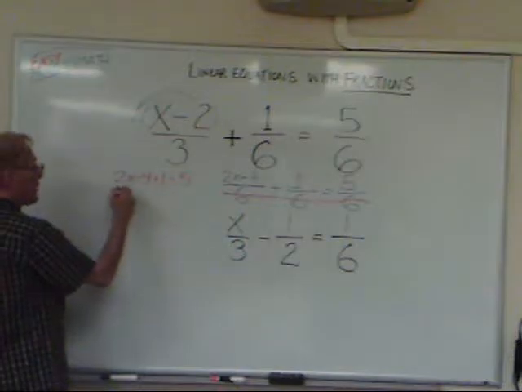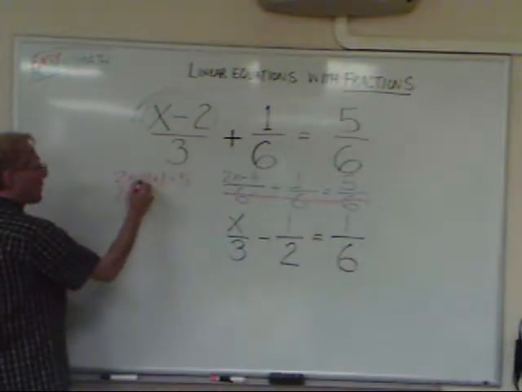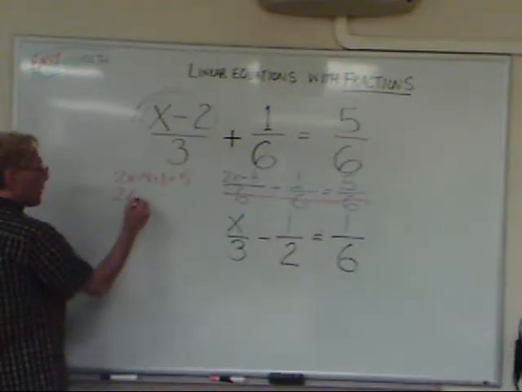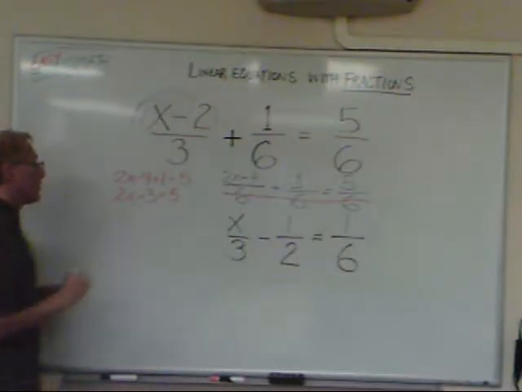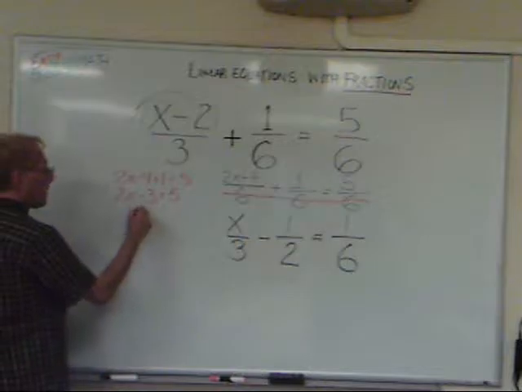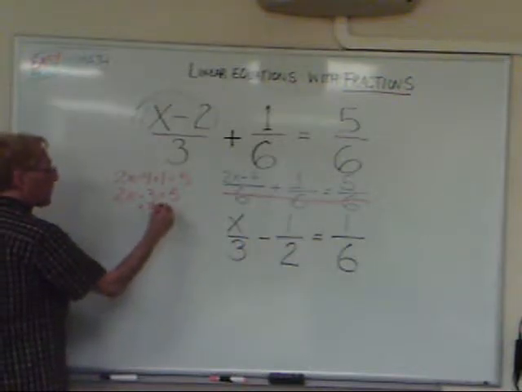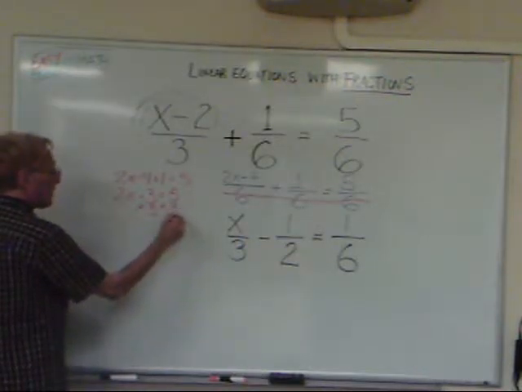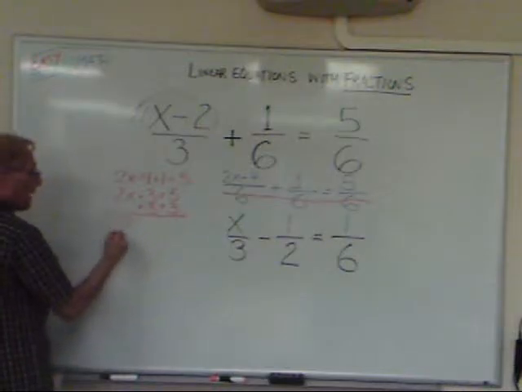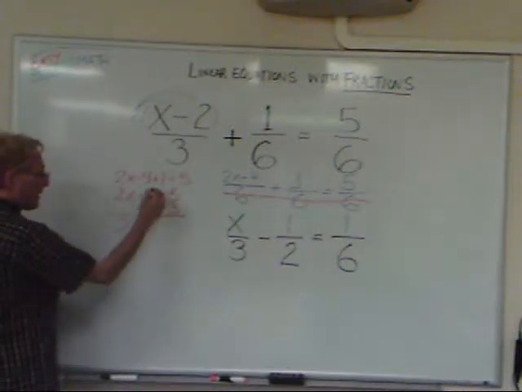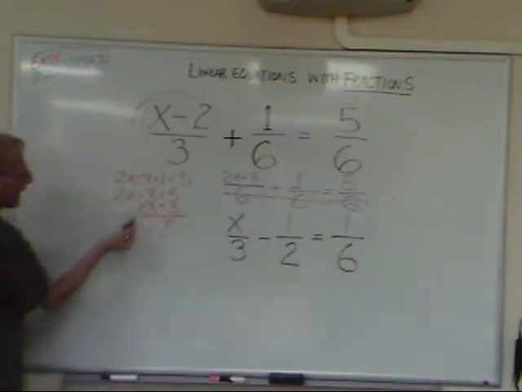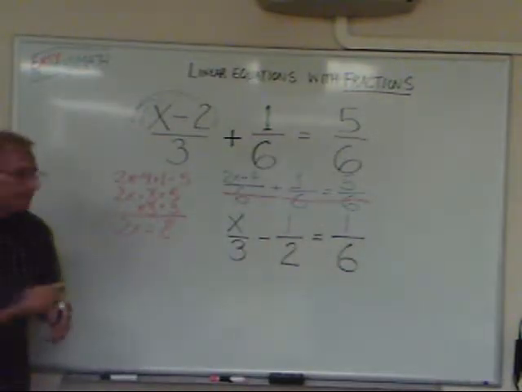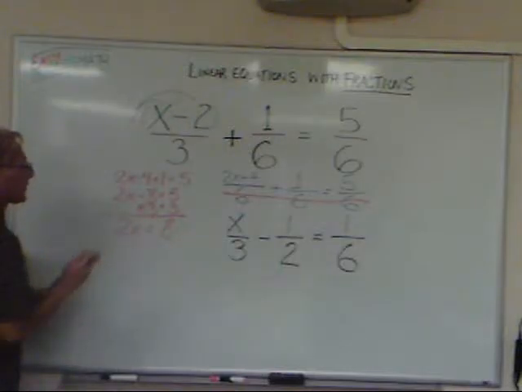I have 2x minus 4 plus 1 would be minus 3 equals 5. I'll add 3 to both sides. And I have 2x equals 5 plus 3 is 8. I added 3. I'm doing the opposite sign just as I would when I'm solving.